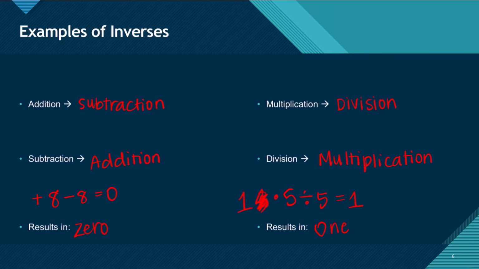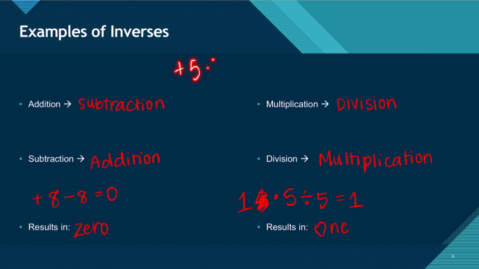If I started with 3, I'd end up with 3. This is why multiplication and division are inverses of each other, because they cancel each other to become 1, and addition and subtraction are inverses because they cancel each other out to be 0.